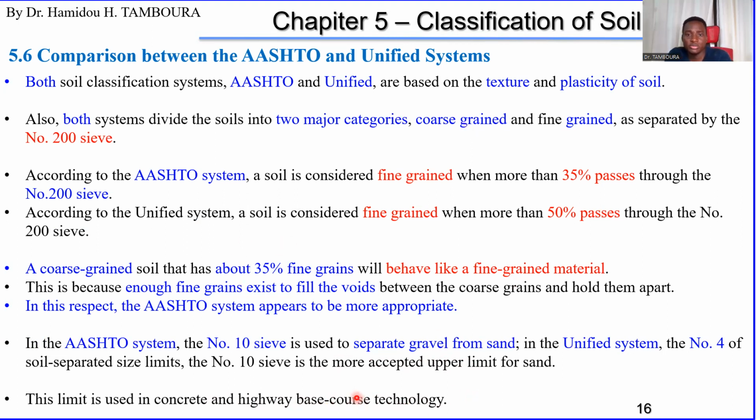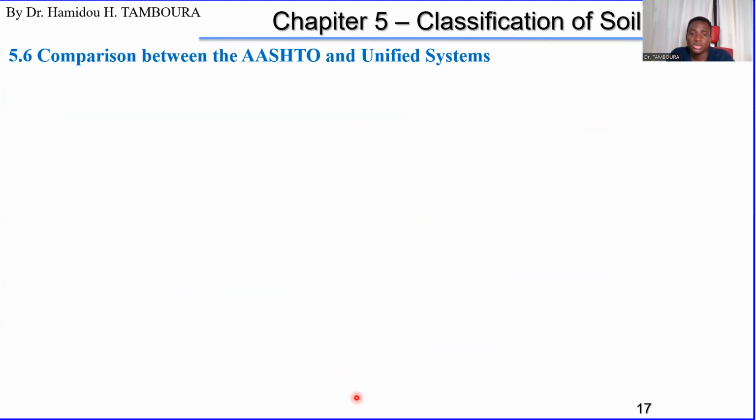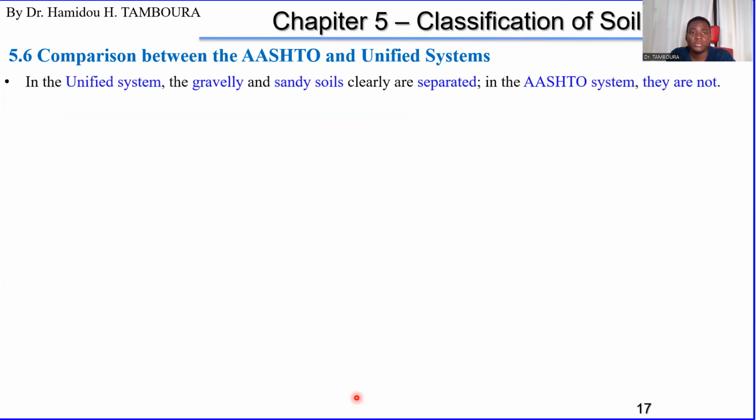Let's continue still with the differences. In the unified system, we have very specific names. The names are very clear, a lot of different types of soil names. For example, sandy soil and gravelly soil.